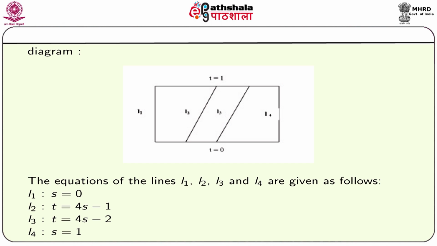What we are doing is that the line at the bottom is actually the interval [0,1] broken into 3 portions, 0 to 1/4, 1/4 to 1/2 and 1/2 to 1, and on the line at the top, that is t equal to 1, the portions are 0 to 1/2, 1/2 to 3/4 and 3/4 to 1. So, what we are doing is finding the equations of the lines L1, L2, L3 and L4.